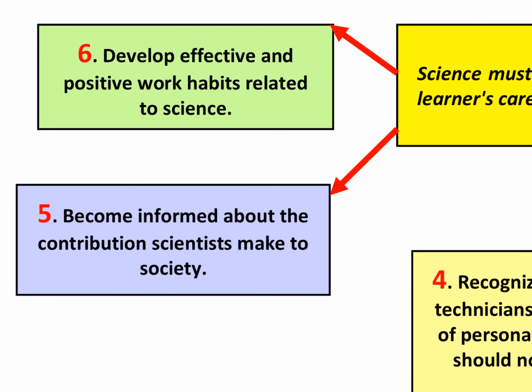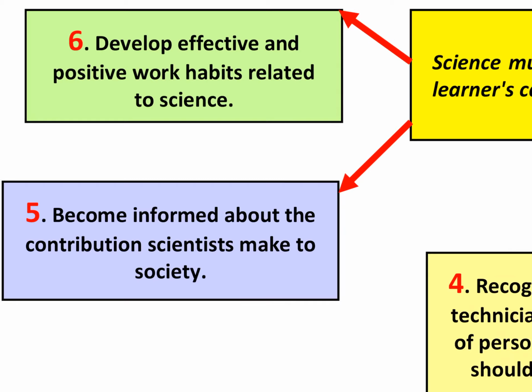And Goal 4 also talks about this: if science is taught in the school, then the learner will become informed about the contributions scientists make to society. This is the appreciation value. While learning science in the school, the learner must be able to appreciate the work done by scientists for the betterment of society.